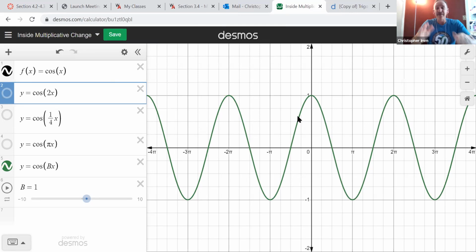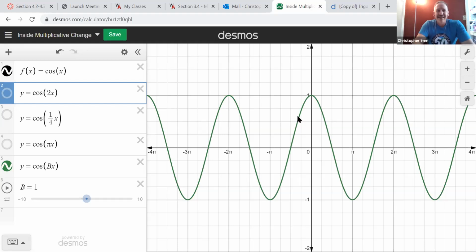All right, yeah. So this is going to reflect it about the y-axis if b is negative. And if you think about it, it should make a lot of sense because again, the y value is not changing, but when I plug in x, if that's negative, then it's going to make it negative x. So it's going to flip it right over, reflect it right over the y-axis.